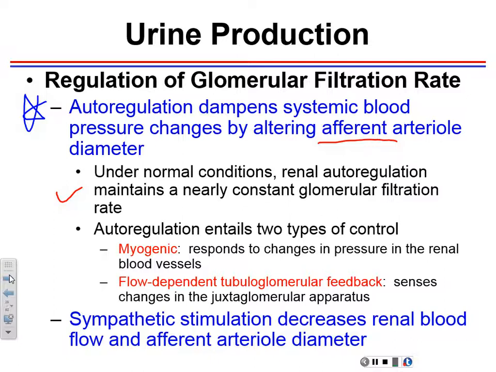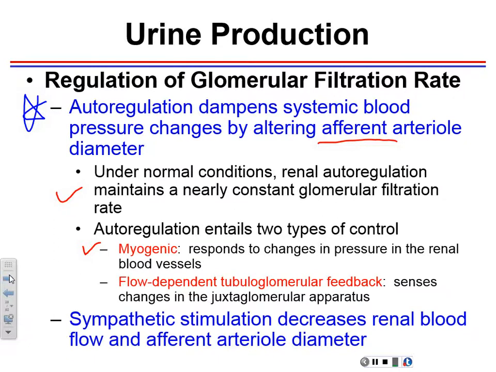Okay? So there are two components to autoregulation, right? The myogenic part refers to smooth muscle of the blood vessels contracting. That's myogenic. And then remember the juxtaglomerular apparatus I talked about earlier on?